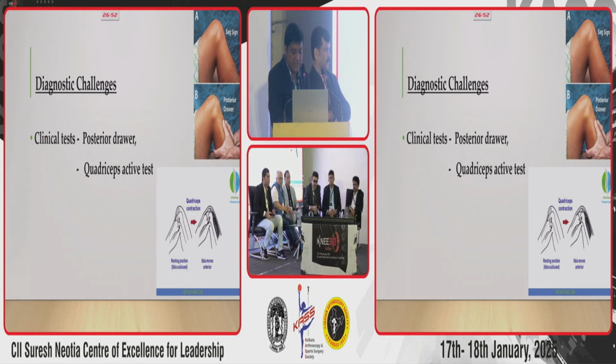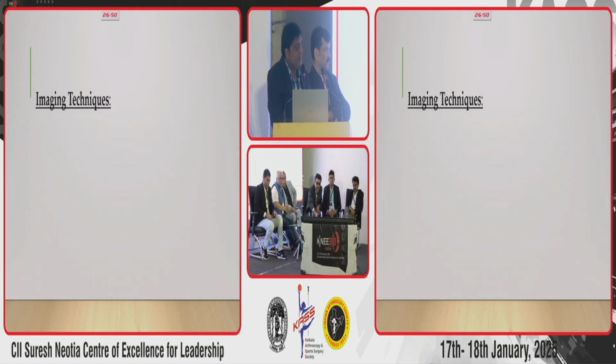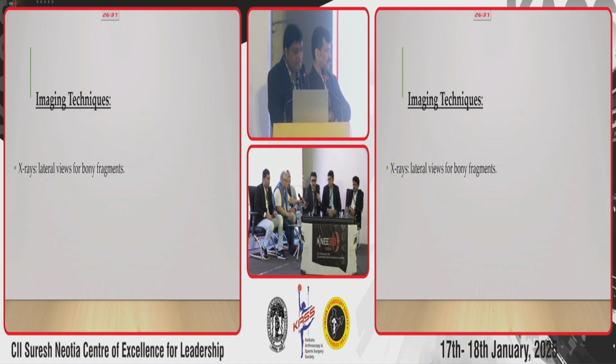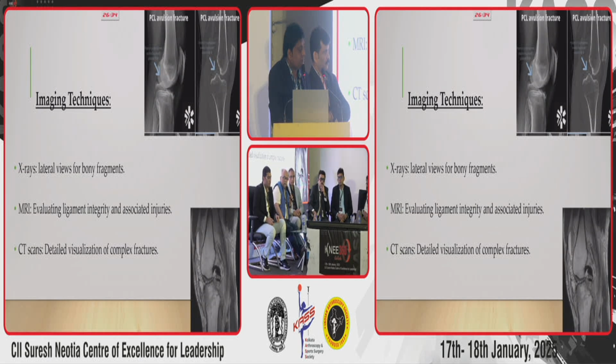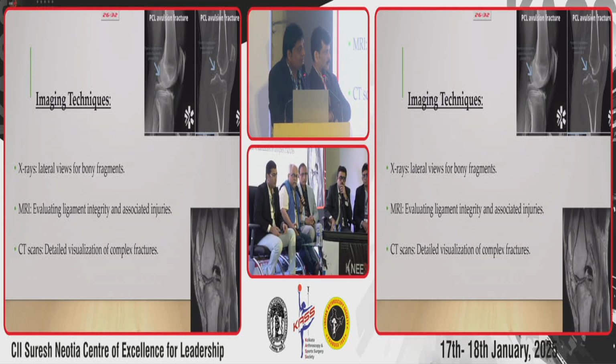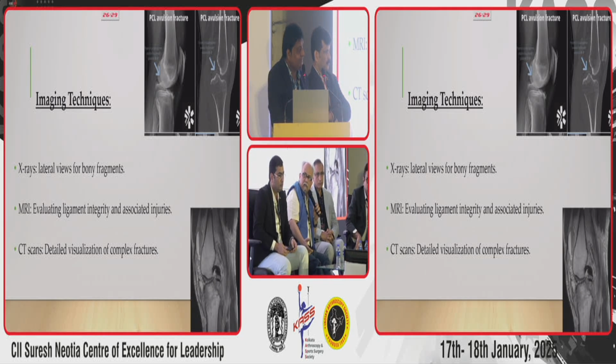Right, sir. Thank you. So next comes the imaging. Apart from the lateral view X-ray, why do we take CT or MRI, and what do we look for? So imaging: whatever you take, the normal X-ray, most of the time with the X-ray we sometimes miss it.